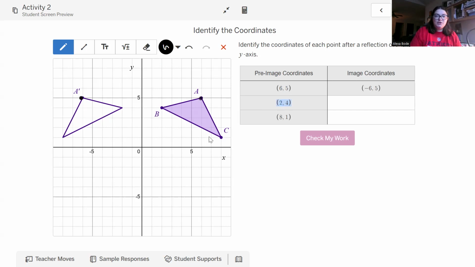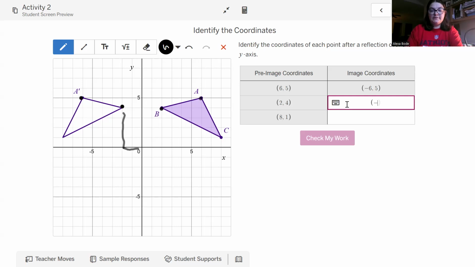So our second point, 2 comma 4, going over 2 and up 4 is our B. So B prime is -2, up 4. We went over -2 and then up to 4. So this point here, -2 comma 4.